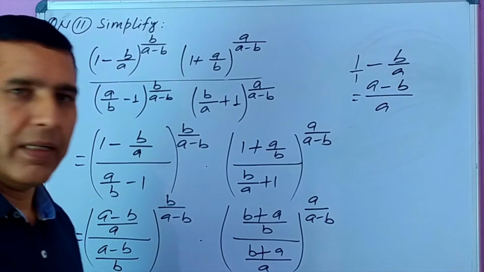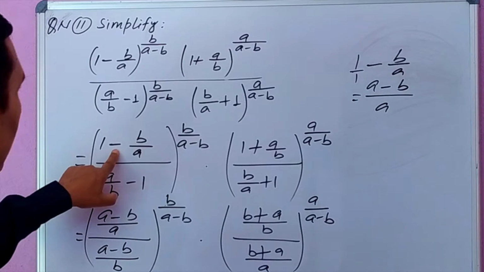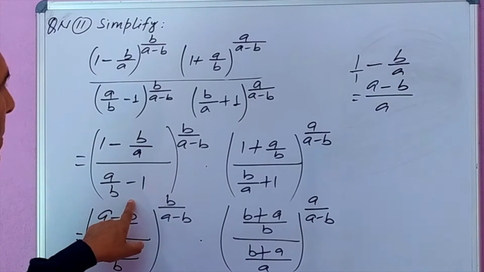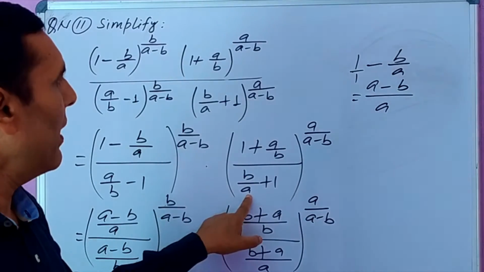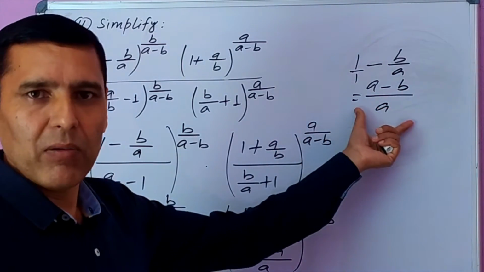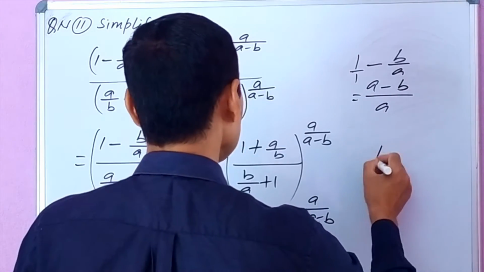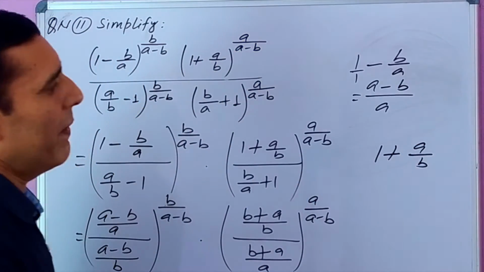Everywhere LCM is taken here. As I have shown you, in this first numerator, and similarly in this denominator also, LCM is b. Here LCM is b. Here in the denominator LCM is a. You have understood how LCM can be taken for such a simplification, 1 plus a upon b.